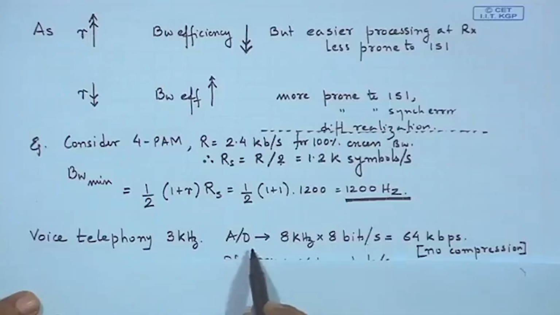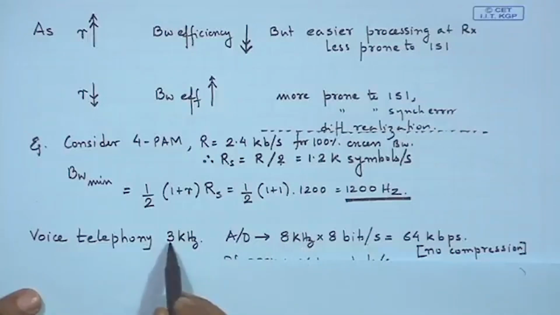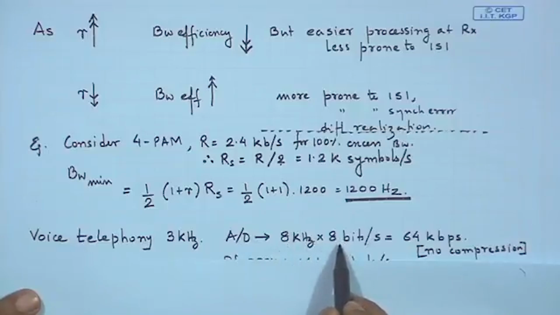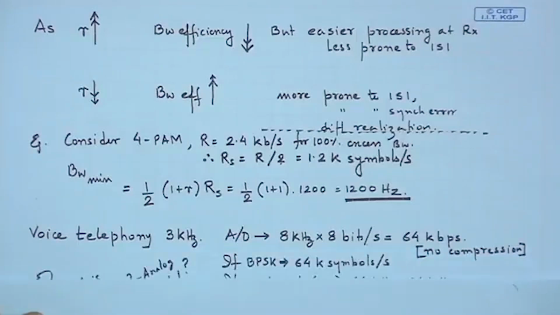If we do digital communication, we will first sample it and convert it to sample sequences at 8 kilohertz, because more than twice 3 is 6, which gives 8. Each sample, if encoded into 8 bits, gives 64 kilobits per second without any compression.